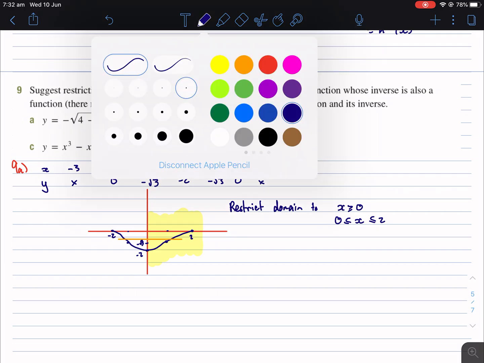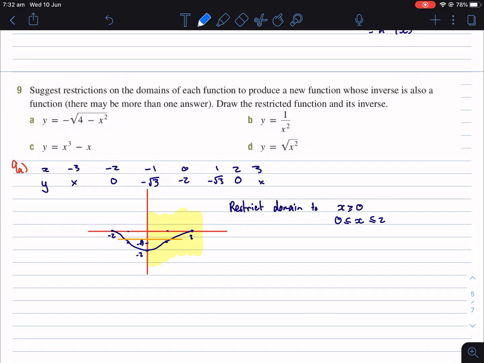If we now draw the inverse, I'm not going to bother finding the equation of the inverse. I'm just going to do it. It's going to go up to 2. 1, -√3, so -√3, 1.